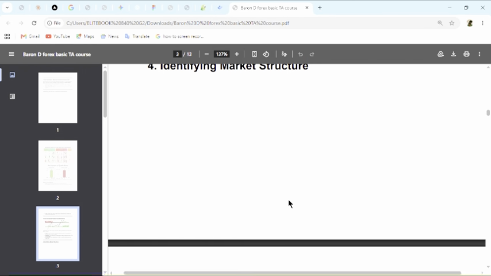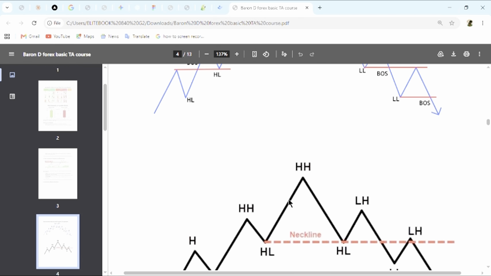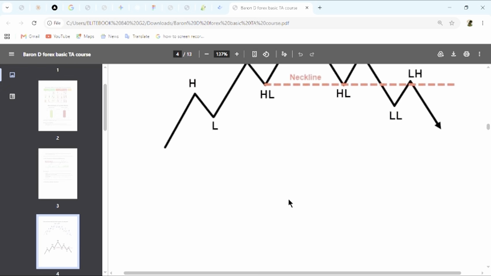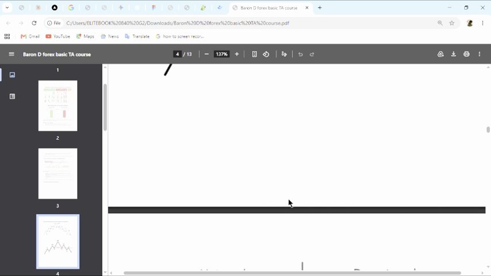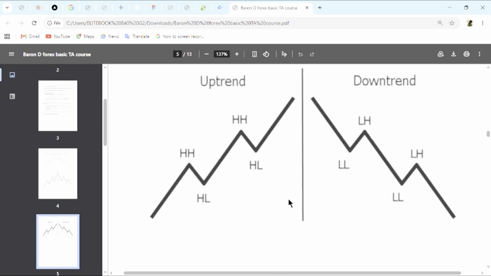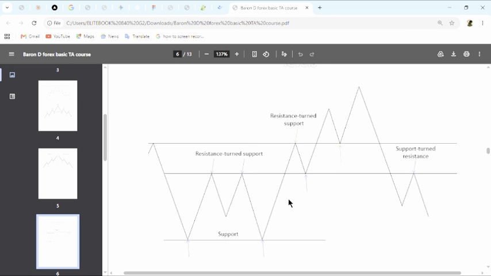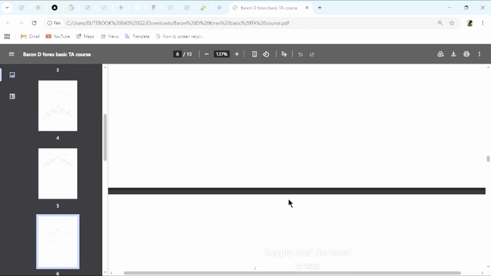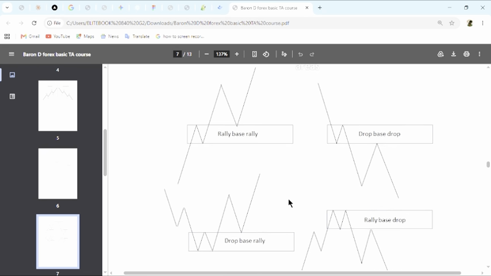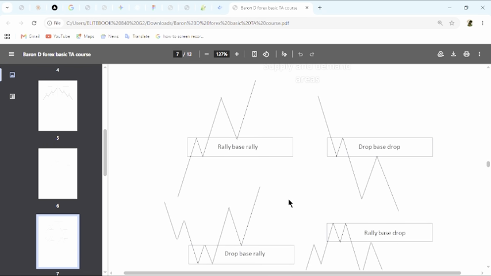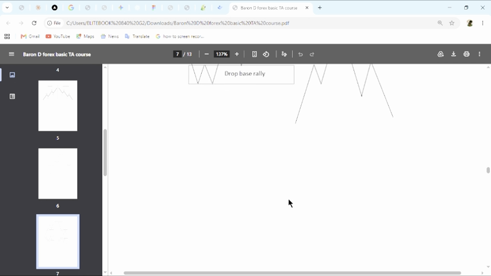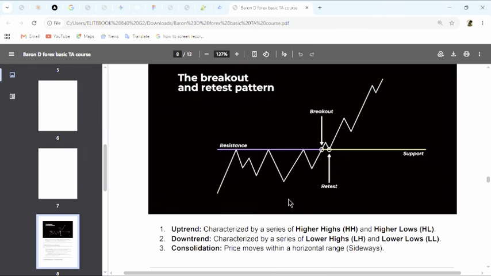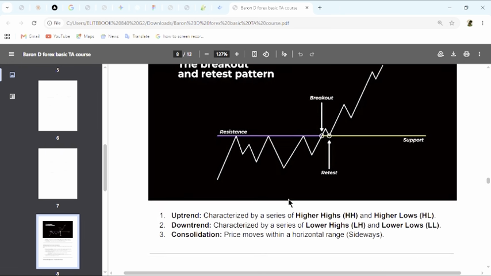We spoke about identifying market structure, what highs are, higher lows, lower highs, and so on. What an uptrend is, what a downtrend is. We spoke about areas of reversal, what a rally market looks like, what a drop-based market looks like, and we spoke about breakouts and retest patterns as well.